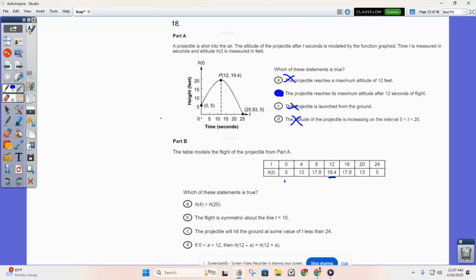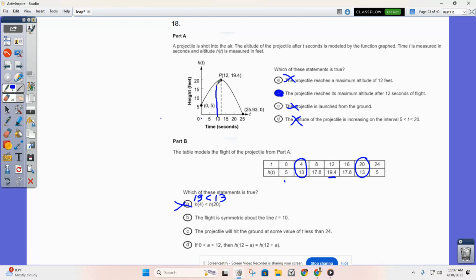So which statement is true? H of 4 is less than H of 20. That 4 is my input. So I'm looking for here, H of 4 and H of 20. Is 13 less than 13? No. The next one, it really is easier to look at the graph to determine that. The flight is symmetric about the line when its t or time is 10 seconds.